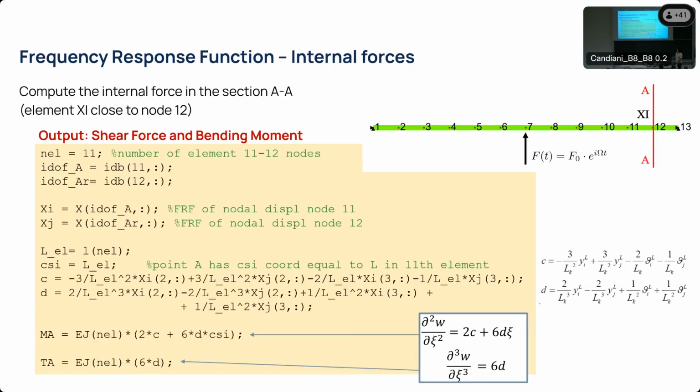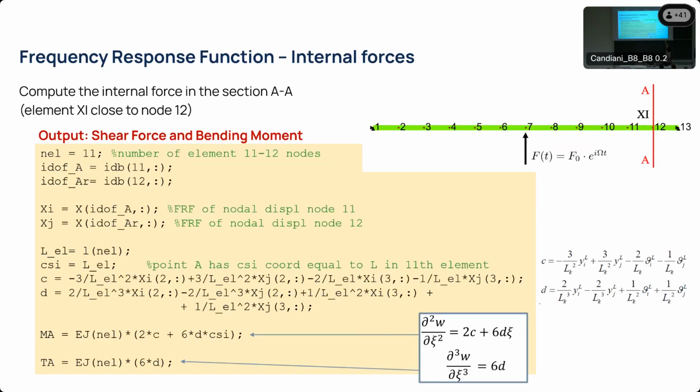So we want to find the internal action of element 11, which is the element between node 11 and node 12. So we find the degrees of freedom associated with the two nodes 11 and 12, which neighbor that specific element.